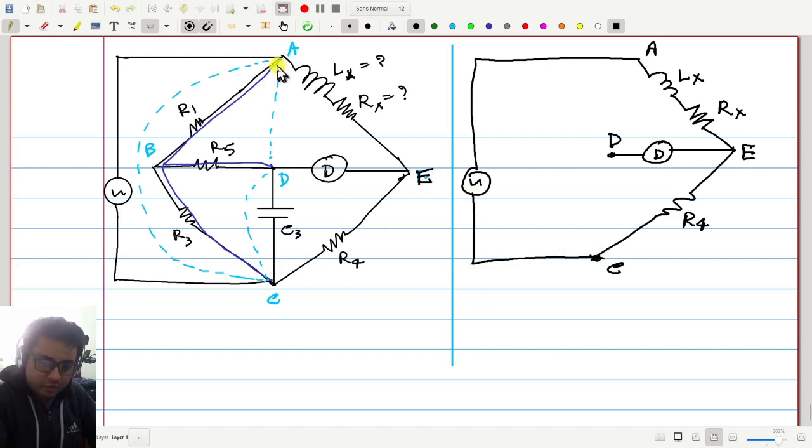Okay, achha. Now consider these three branches BA, BD, BC as a star.